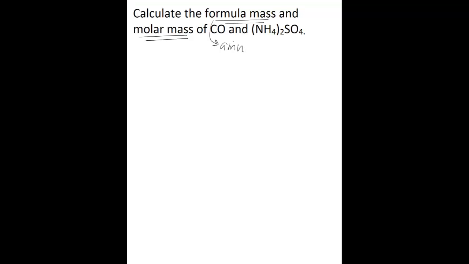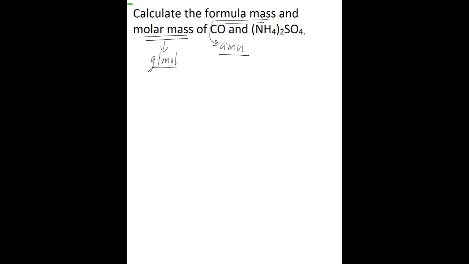And like I said, the molar mass is calculated in the same way, although it has a different definition. So the molar mass of a compound is the mass in grams of 1 mole of a compound's molecules, or formula units. So the units for molar mass are going to be in grams per mole. So we have atomic mass units for formula mass and grams per mole for molar mass.